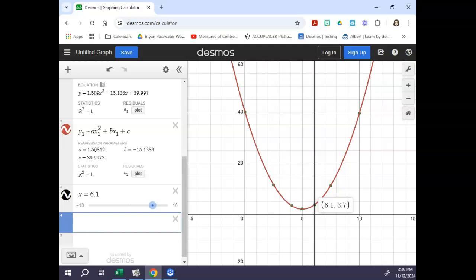And when I click on this, look what I get. I get 3.7 because it doesn't know if I'm asking for the graph or if I'm asking for the actual point. So the chances of them being the same, I mean, it's possible, but it's highly unlikely. And what I want is I want the function to tell me the red curve that I see, not the green dots that I typed in.